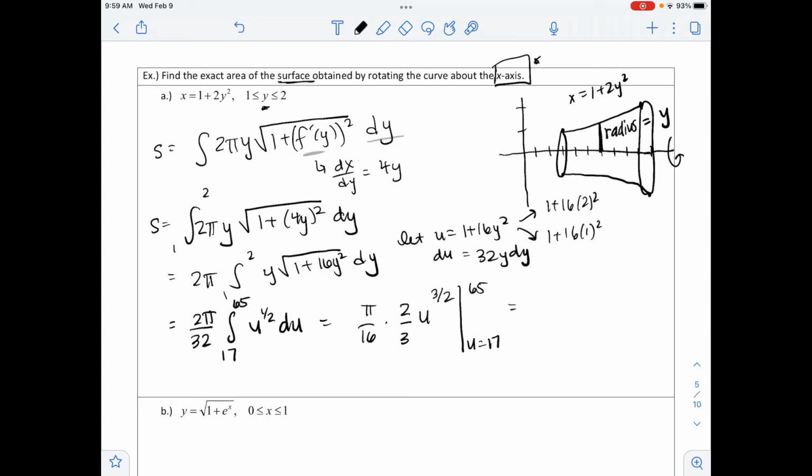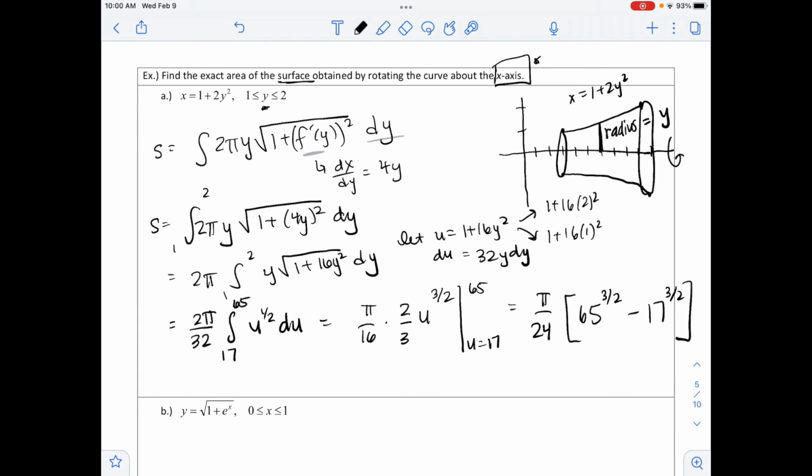So pi over 16 times 2/3 simplifies to being pi over 24. And then substituting in 65, we have 65 to the 3 over 2 minus 17 to the 3 over 2.